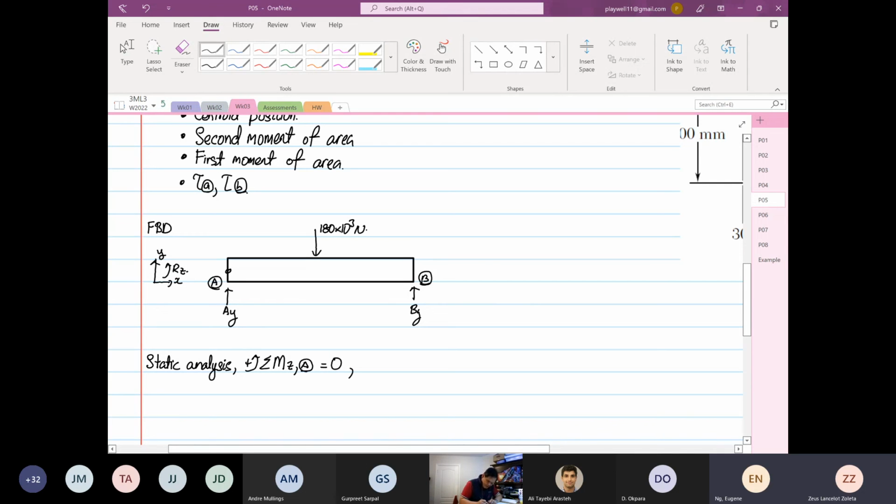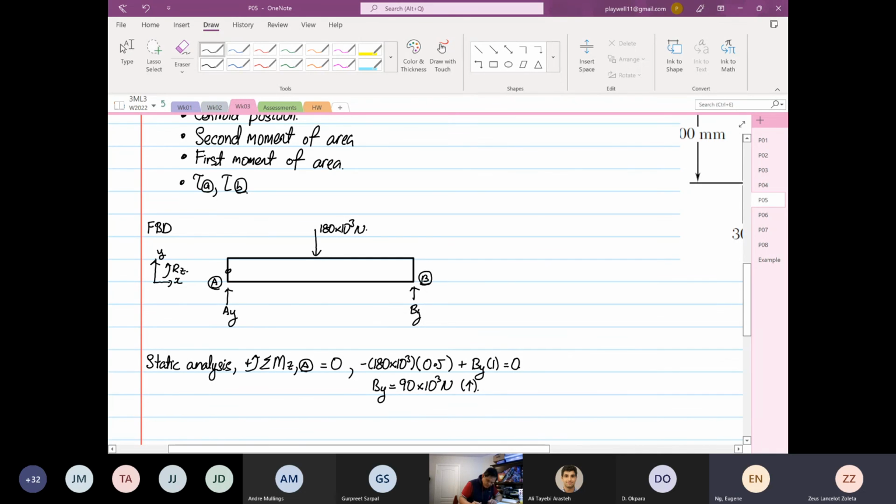So you have minus 180 kilonewton, and then the distance is 0.5. Okay, and then you have plus BY, and the distance is 1. The whole thing is equal to 0. Let me see, is it 1? Yep. So BY is equal to 90 times 10 to the power 3 Newton, and it's positive, which means the assumed direction is correct.